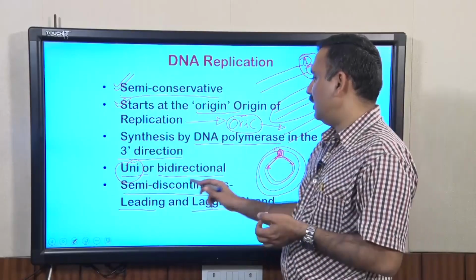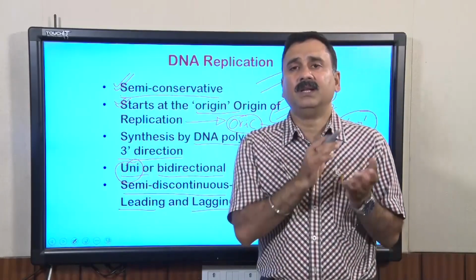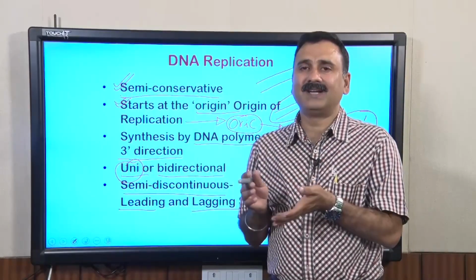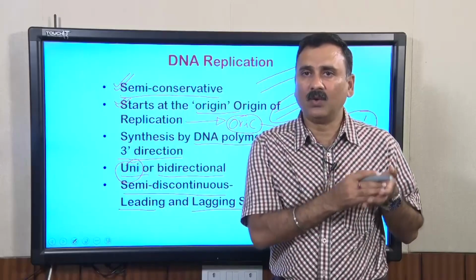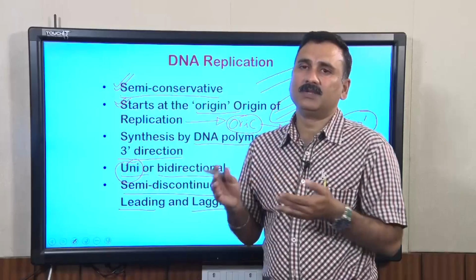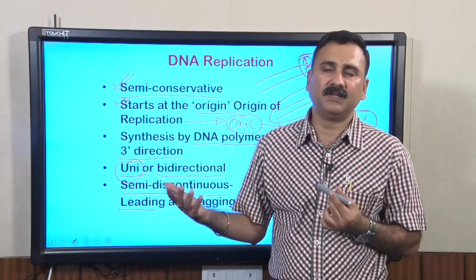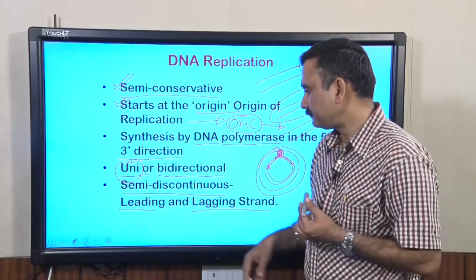And DNA replication is semi-discontinuous, which means one strand is the leading strand, which goes along with the fork direction, and the other is the lagging strand, which lags in terms of DNA synthesis compared to the leading strand.